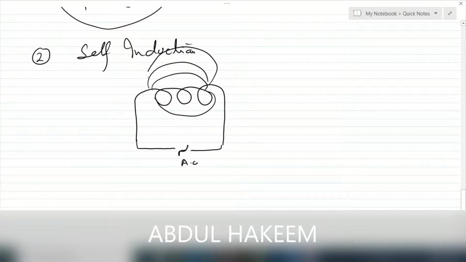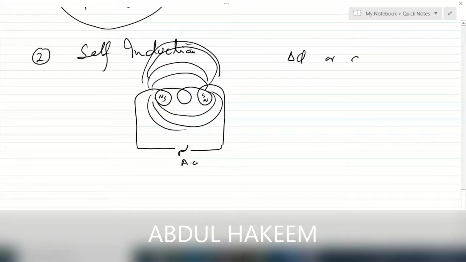It is constantly changing its direction, left to right, right to left, because the poles are changing. So this is the varying magnetic field around it. So delta phi, or d phi, is produced by the coil.